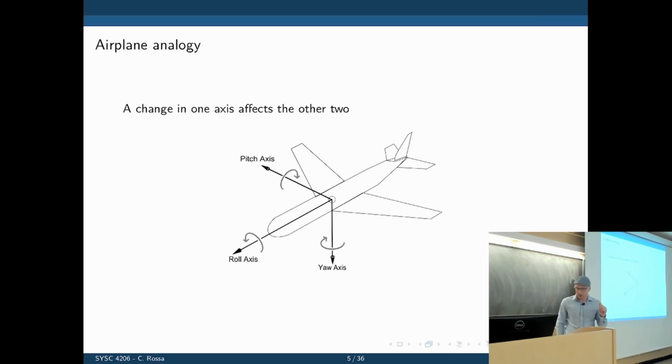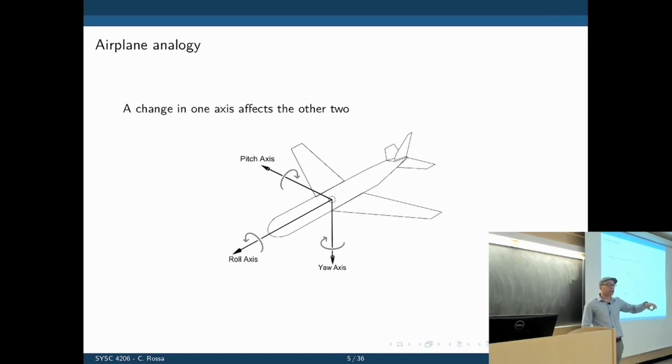Here they are. This is an analogy with an airplane. We put a reference frame in the center of the airplane and have 3 axes. You've probably seen this before. If you want to fully give the orientation of the airplane, you need to specify the rotation angle around each of those axes. One thing to notice here is that if you rotate the plane around this axis, you're changing the orientation of the other 2.